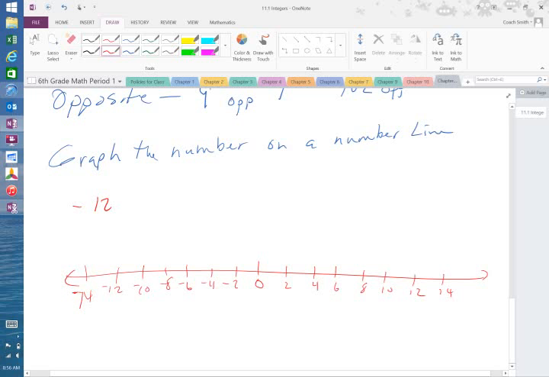Okay? And they tell you to graph it. Well, graphing means I'm going to take and find the number on the number line and put a dot there. Okay? That's the graph of negative 12. Now, they want me to graph its opposite. Well, I'd put a mark there, and I would put this, like I just did, and put opposite.